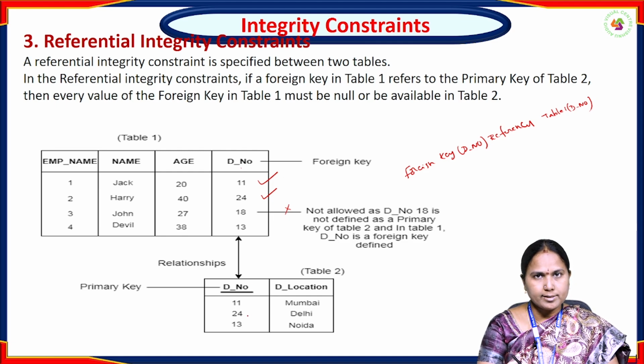Whatever values exist in the department number of the primary table 2, the same values are accepted by the table 1 department number column. Other than these values, if you are entering, those department numbers are not allowed here. 18 is not present in table 2, so this row is not insertable. So this is the foreign key constraint.